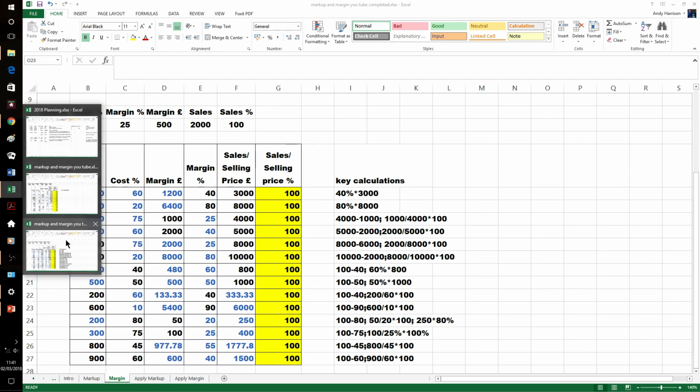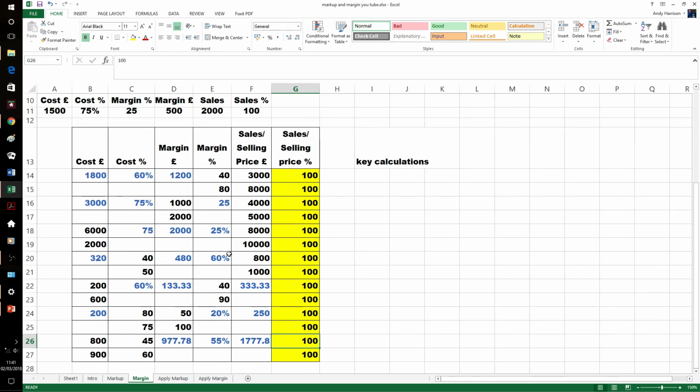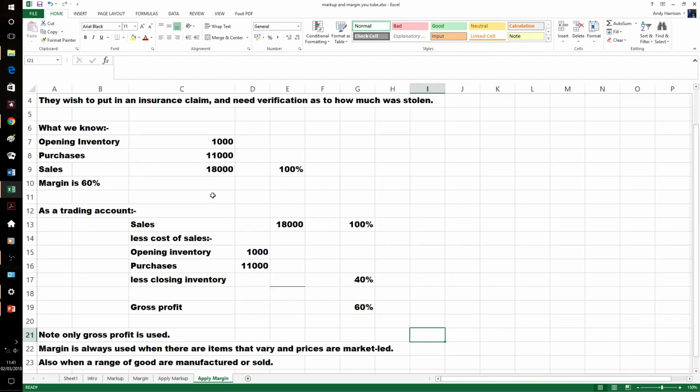So now let's apply it. Same situation, except this trader now works on a margin of 60%. We've got the same opening inventory, purchases and sales. So that means that that 18,000 is now our 100%. Our cost of sales is 40%. And our gross profit, not that we need it to work out the inventory.